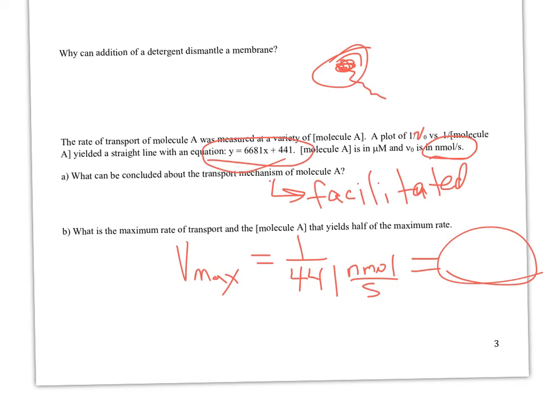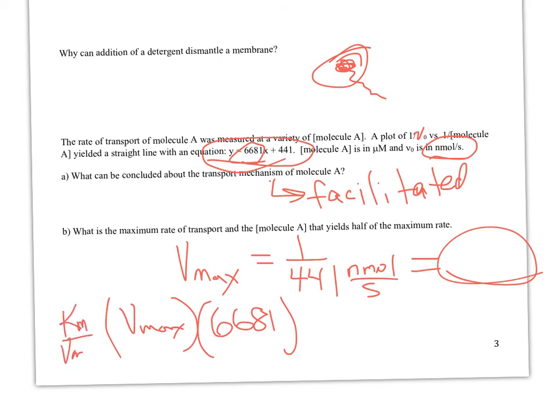Then once you have your Vmax, you multiply your Vmax times the slope, which is 6681. Remember, slope is Km over Vmax, so the Vmax's cancel out, leaving you with your Km. And then you'll get that number. I assume you can punch numbers on your calculator. You should be good to go.